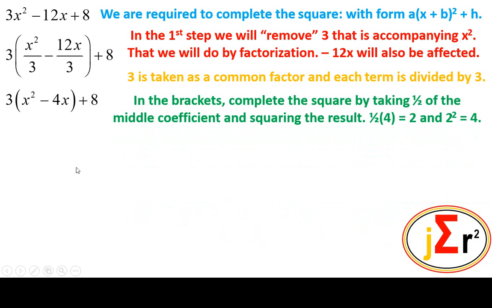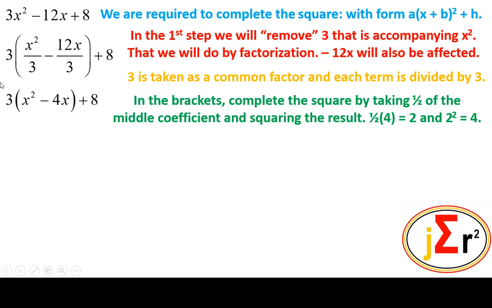In the brackets, complete the square by taking half of the middle coefficient and squaring the result. Now, what we have here is a binomial, but we need a trinomial, and that trinomial is required to represent a perfect square.